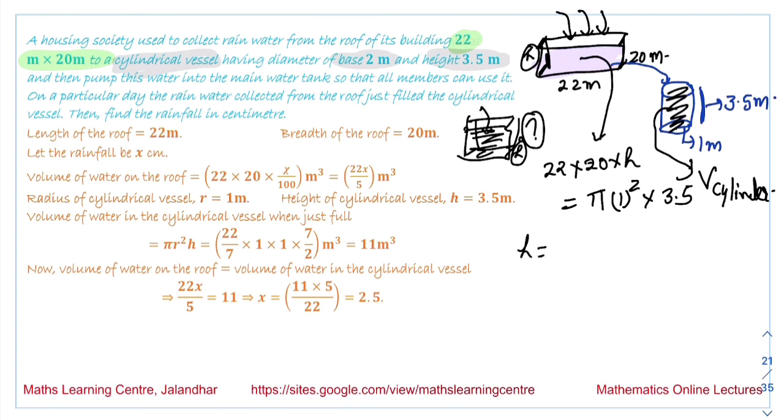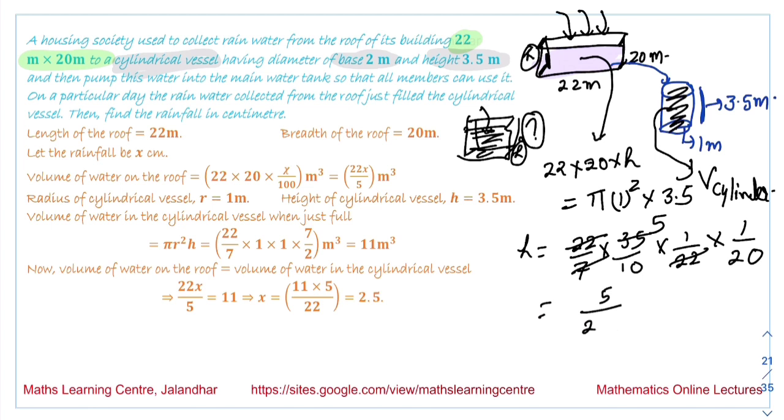So the value of h we get is 22 by 7 into 35 by 10 into 1 by 22 into 1 by 20. So this 22 and 22 get cancelled. 7 5s are 35. So the answer we are left with is equal to 5 by 200, and that is equal to 2.5 by 100 meter.